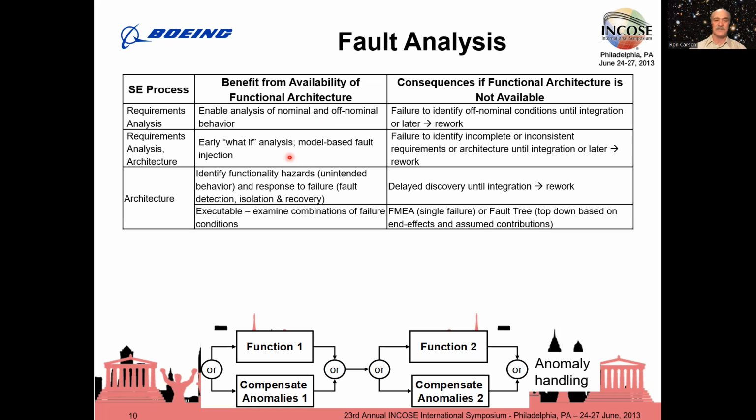In the architecture, we can identify inherent hazards, behaviors that we hadn't expected because of the interaction of system elements, as well as the response to failure. So fault detection, isolation, and recovery, we can examine that during the development phase before we get to integration and fix any design issues before we get there.